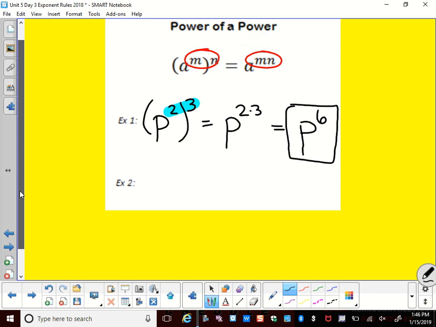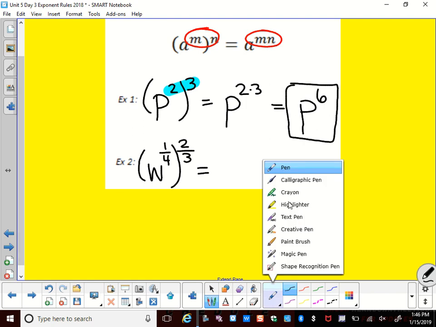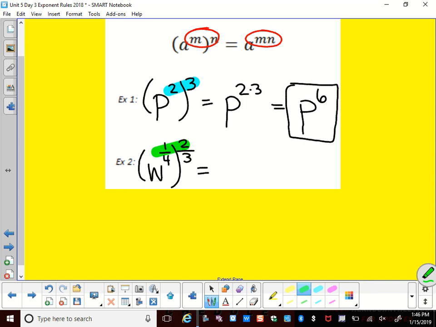Okay, if I had a fraction, say we had w to the power of 1/4 to the power of 2/3. Okay? Power to a power tells me that I'm going to multiply those numbers together. You can use your calculator if you want.